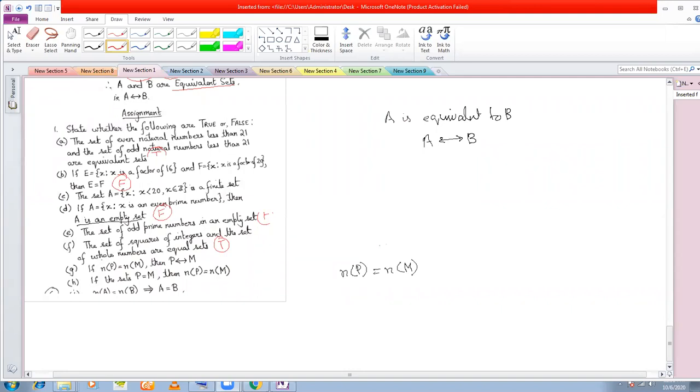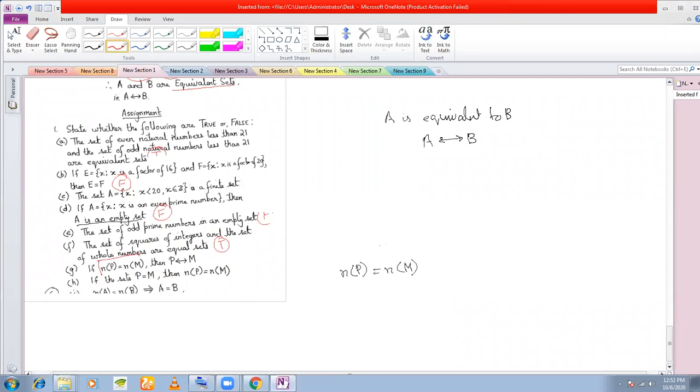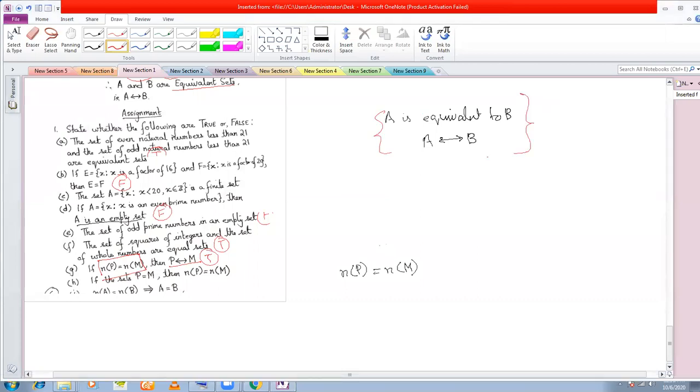This is the definition of equivalent sets. If the cardinality of P is equal to the cardinality of M, then P must be equivalent to M. So this has to be true. It is true, right?